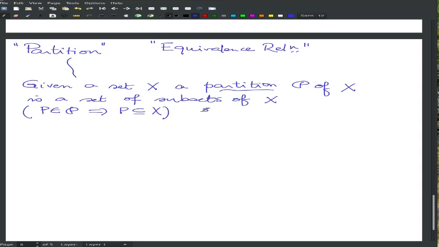Such that the first one is, each one of them is non-empty.